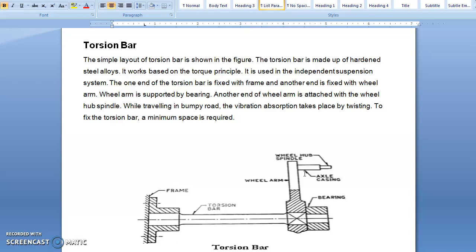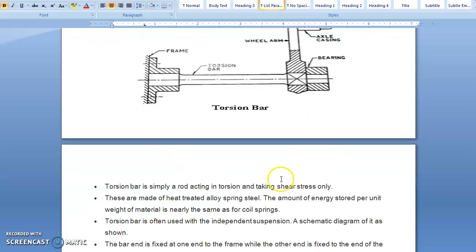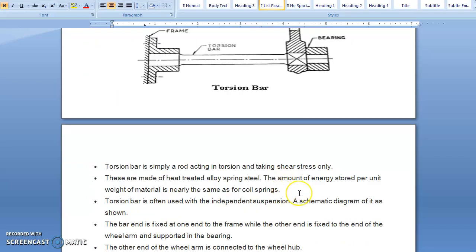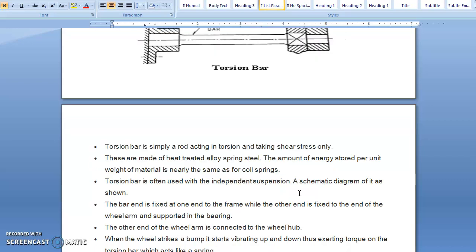While traveling on a bumpy road, vibration absorption takes place by twisting of the fixed torsion bar, and minimum space is required. So the torsion bar is simply a rod acting in torsion and taking shear stress only. So this is the function of the torsion bar.